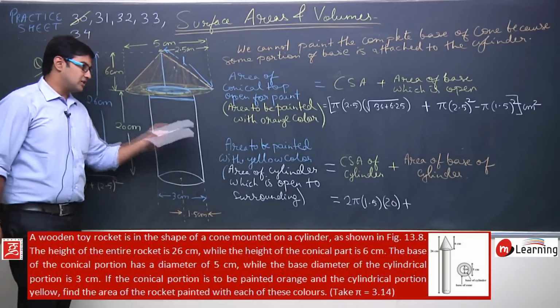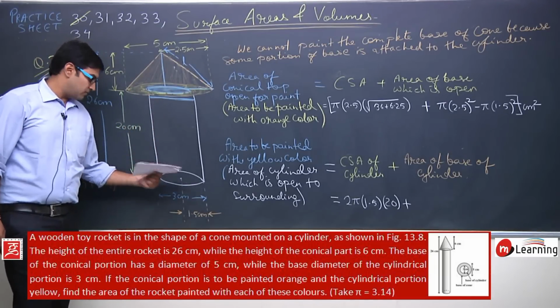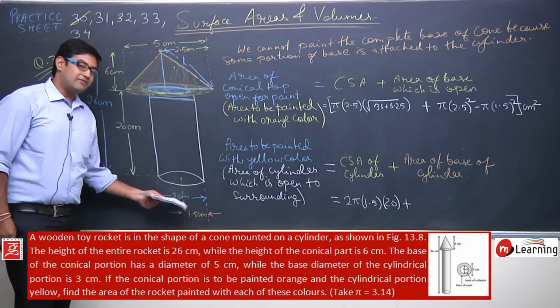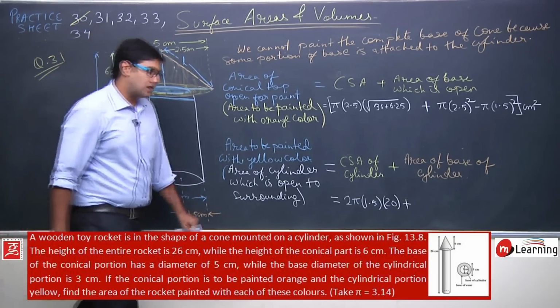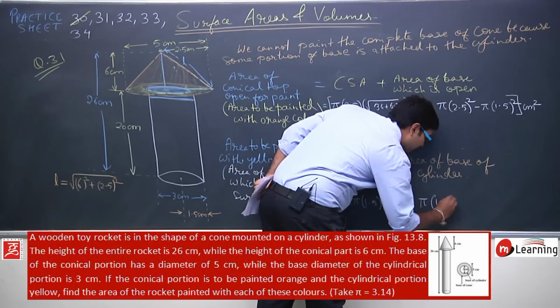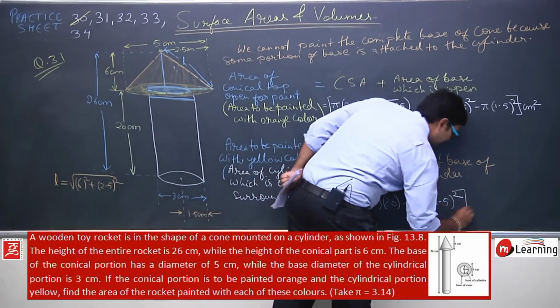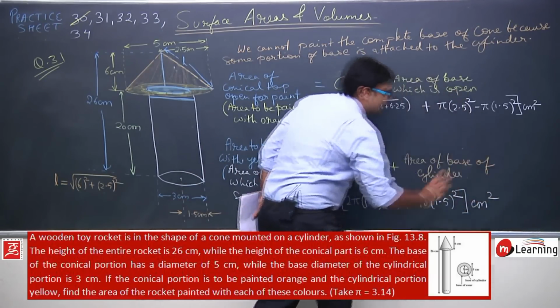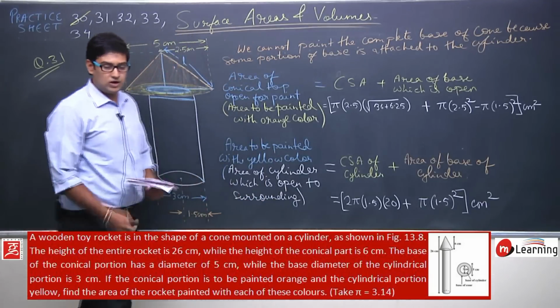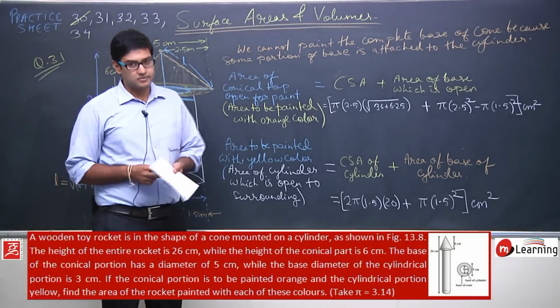This is the base. This top will not be included. Only base will be included. So the base area will be pi r square and radius is 1.5. So this will be pi into 1.5 square. So this much is the area in centimeter square that needs to be painted with yellow color, or that is the area of the cylinder that is open to atmosphere.